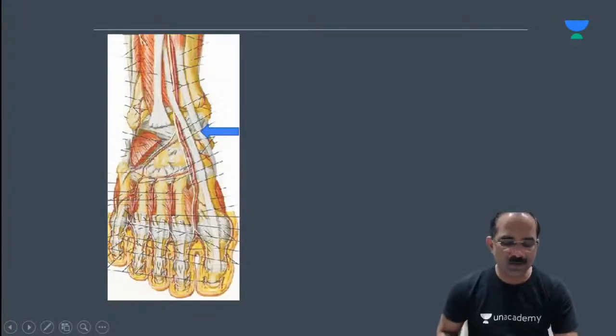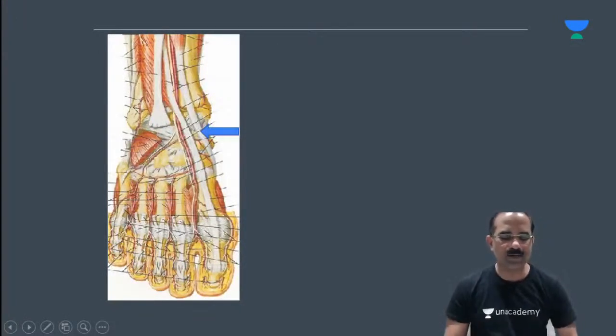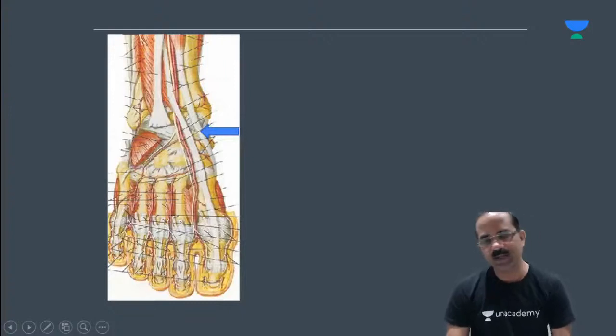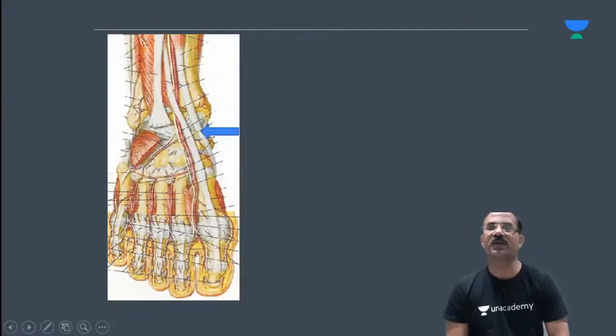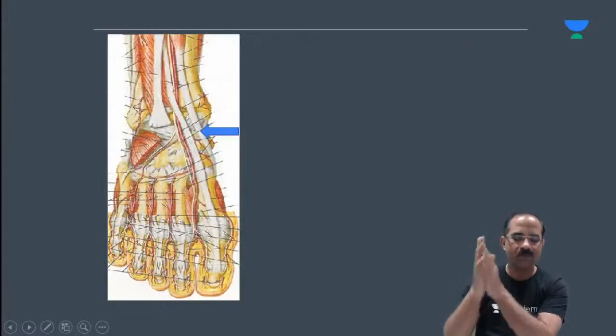The nerve of the lateral compartment of the leg is the superficial peroneal nerve, and the artery is the peroneal artery.